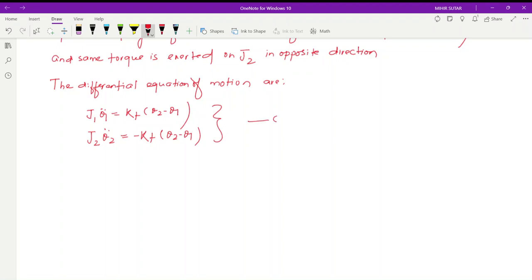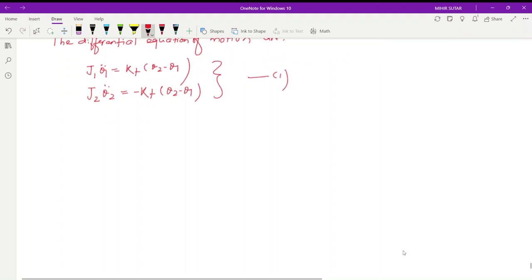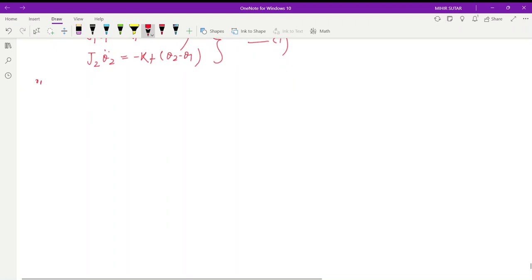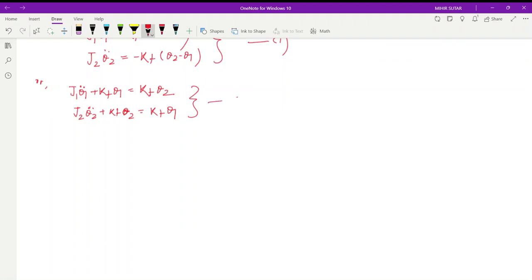Let's say this is the first set of equations. We can write these equations as J1 theta 1 double dot plus Kt theta 1 is equal to Kt theta 2, and J2 theta 2 double dot plus Kt theta 2 is equal to Kt theta 1. Let's say this is the second equation.